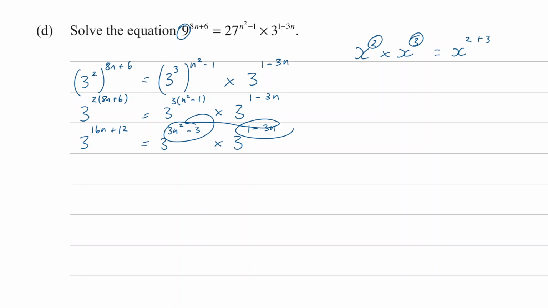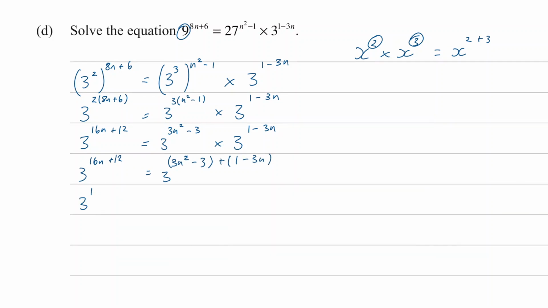So that becomes 3 to the power of the first power, 3n squared minus 3, and we add to that the second power, 1 minus 3n. Right, so when we multiply exponents of the same base, we add the powers.